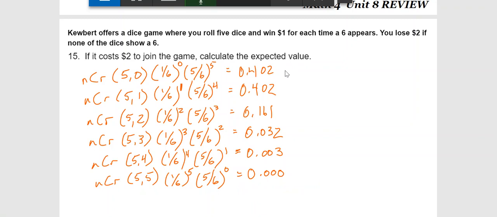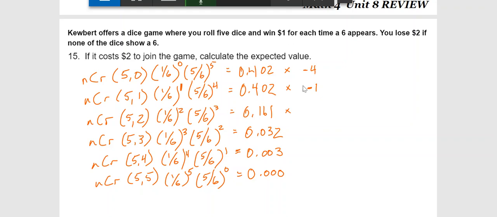All right, so if he gets none of the dice appearing as a 6, he loses $2, and it already cost him $2 to get in. That's $4 he's lost. Now, if he gets $1 for each one, he gets $1 for 1/6, but it cost him 2 to get in the game, so he technically lost $1 there.